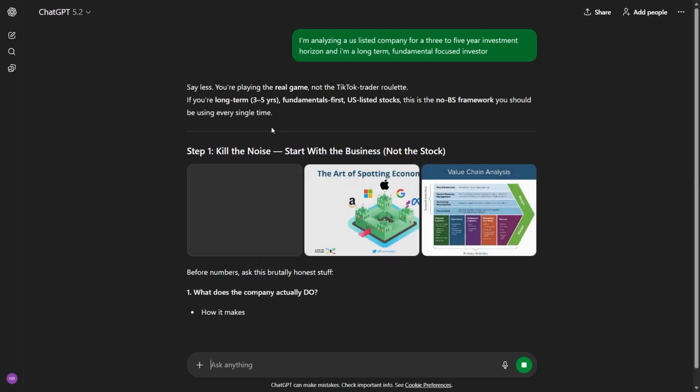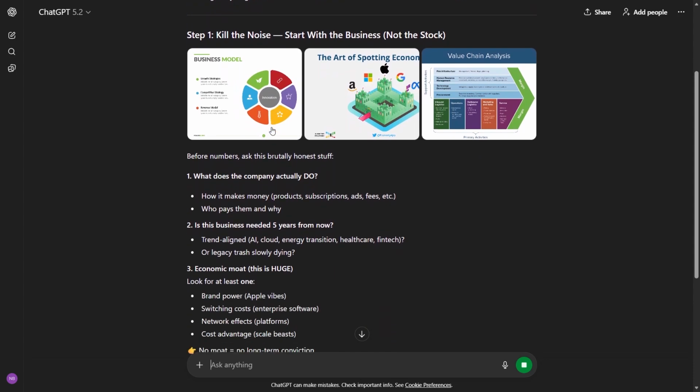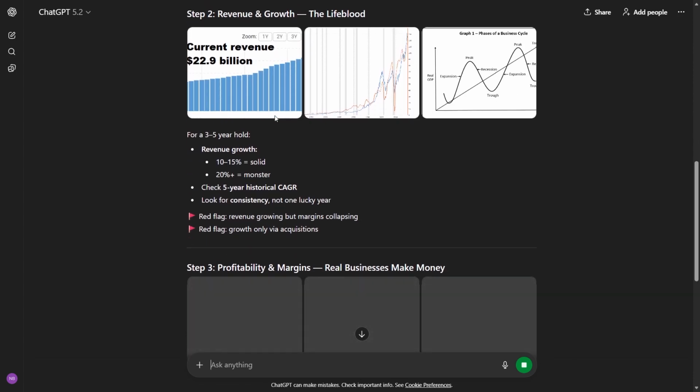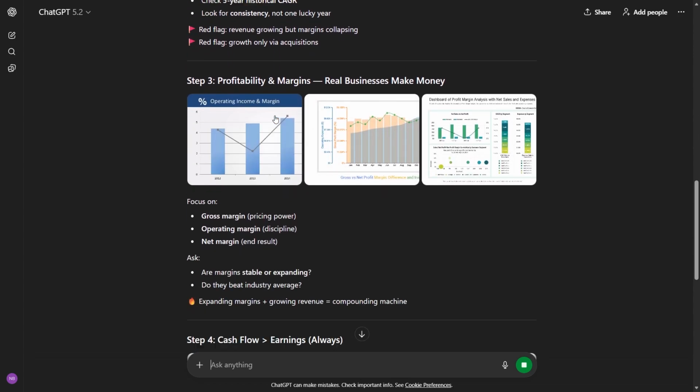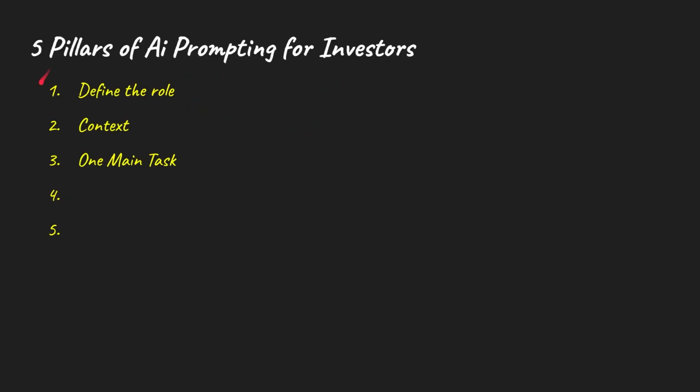This is critical when you're analyzing companies like Amazon, Meta, or Visa. Without context, AI might focus on recent stock performance or news headlines. With context, it focuses on competitive position, cash generation, and long-term risks. Role defines who the AI is. Context defines the situation.